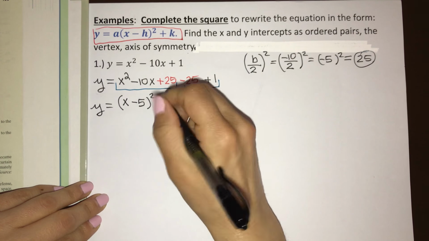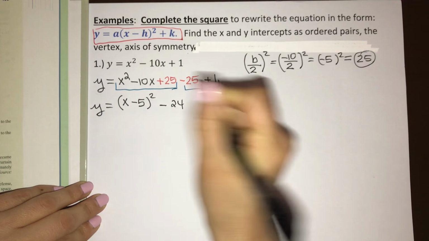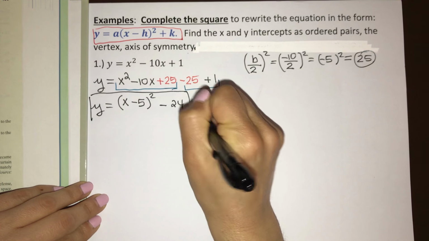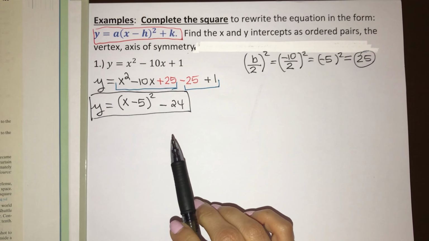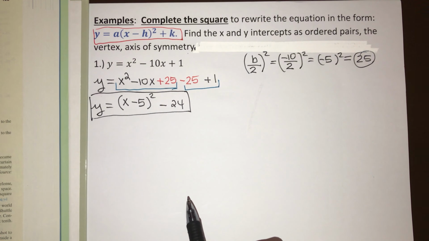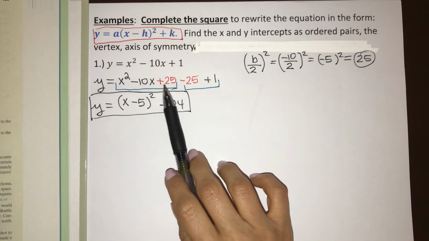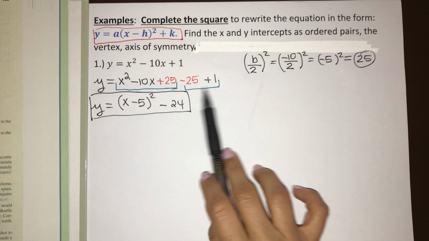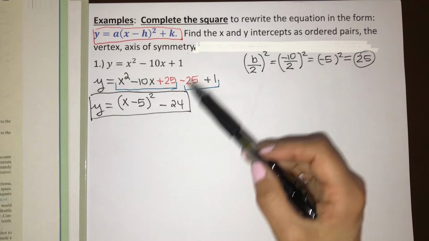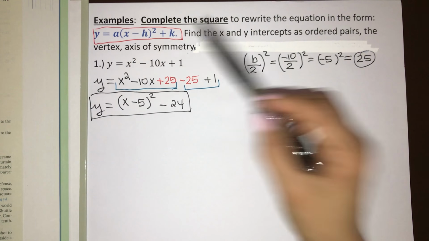And then just combine those, we get -24. And our equation is now written in this form where you could easily get your vertex. So basically you add and subtract on the same side, factor, combine these two terms, and then we have our equation in this form.